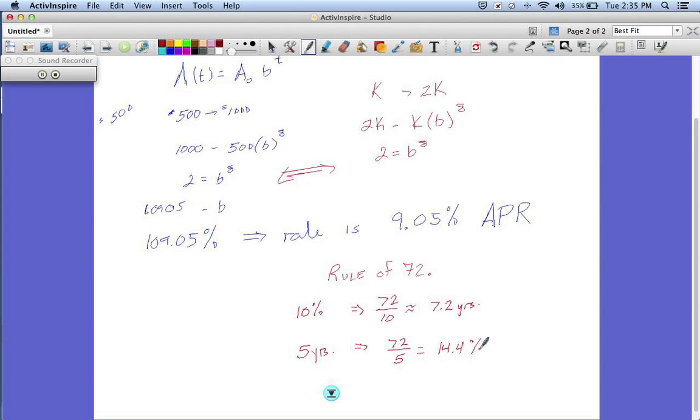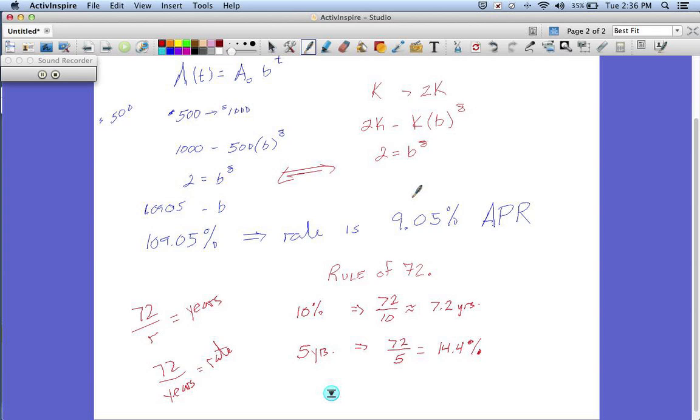That means you're getting 14.4% interest. So 72 divided by the rate gives you the years, and 72 divided by the years gives you the rate. And you can see that holds true with our example up here. 72 divided by 9 is 8 years, and 72 divided by 8 is 9%.